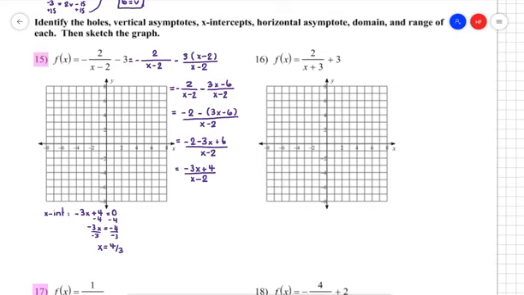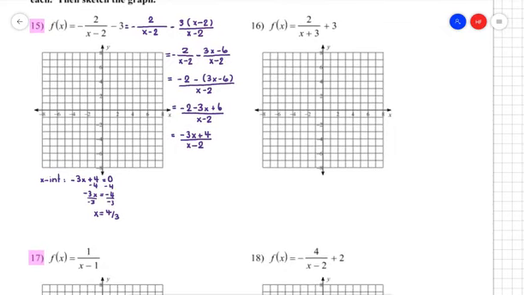So we're going to need more space, but our x-intercept, this is number 15, not 16, is 4/3, 0.